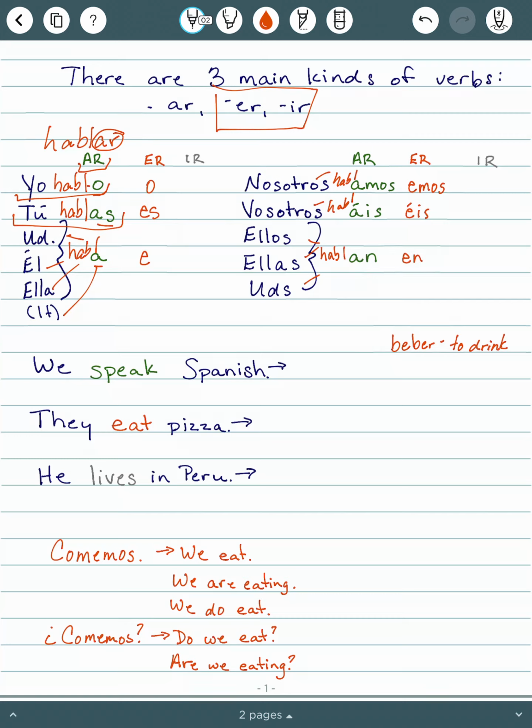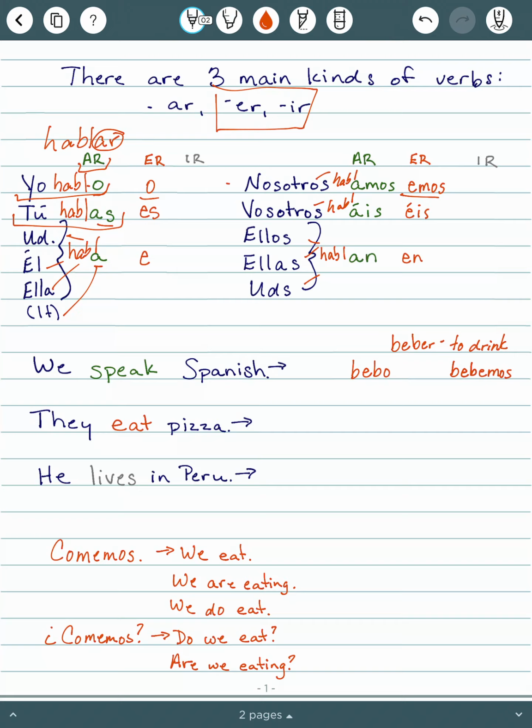So again, if I want to say we are drinking, we is with nosotros, emos, so we took off the ER, replaced it with emos. Bebemos means we drink. If I want to say I drink, take off my ER, replace it with an O. Bebo means I am drinking.